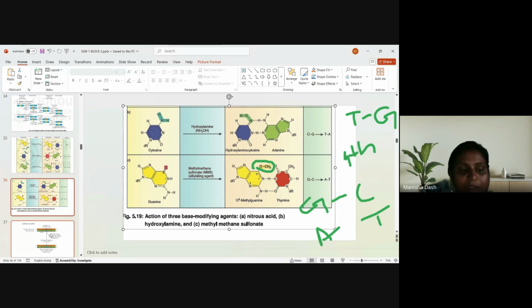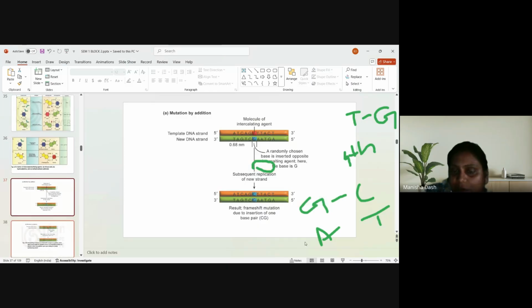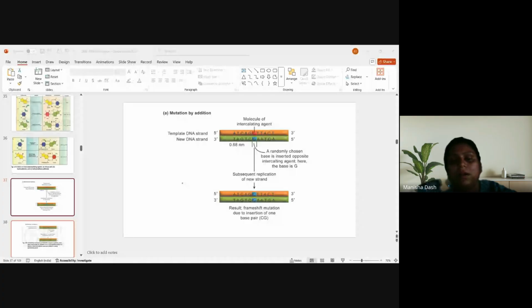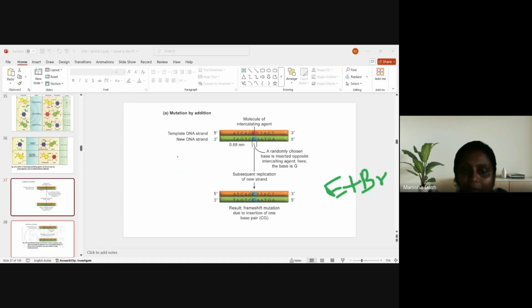Next, coming to another group of mutagens, which are called intercalating agents. You can write down the names of a few intercalating agents. One is ETBr, ethidium bromide, which is a commonly used chemical for visualization of DNA. You can write down another name, acridine orange.